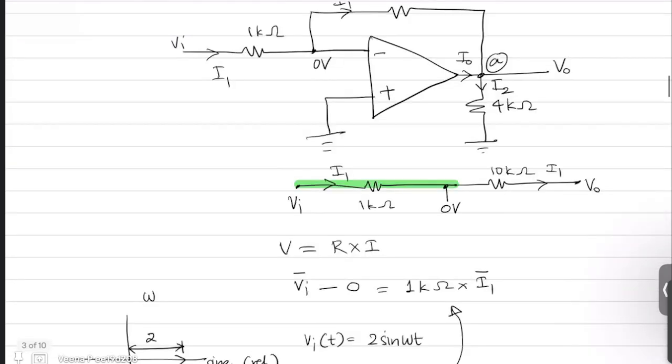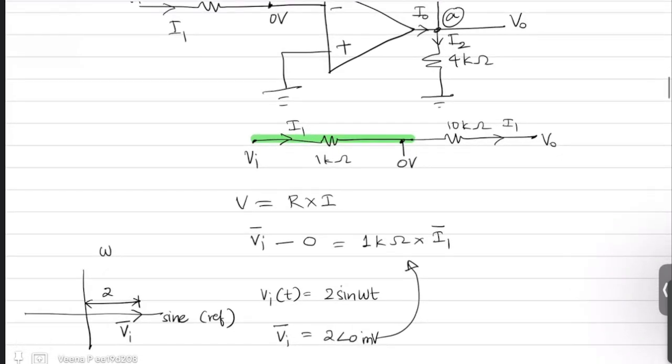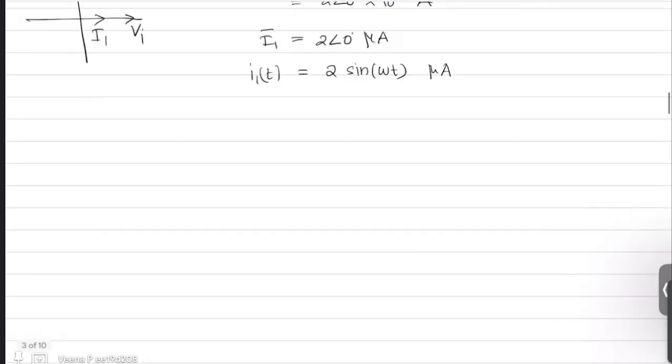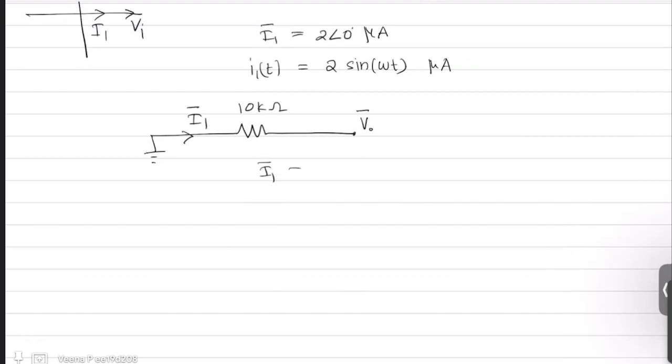Now if you see this figure, you can represent I1 in terms of V0 also. I1 is the current which flows through the 10 kilo ohm also. This point is ground and this is your V0, which is the output voltage. So I1 is also given by 0 minus V0 by 10K. Why did I write 0 minus V0?